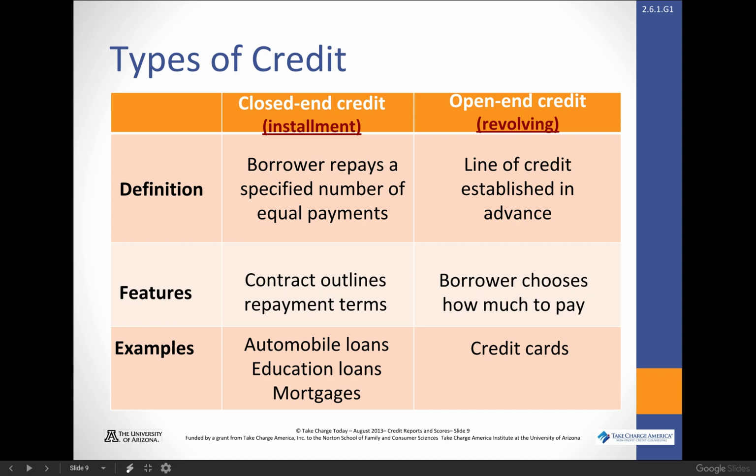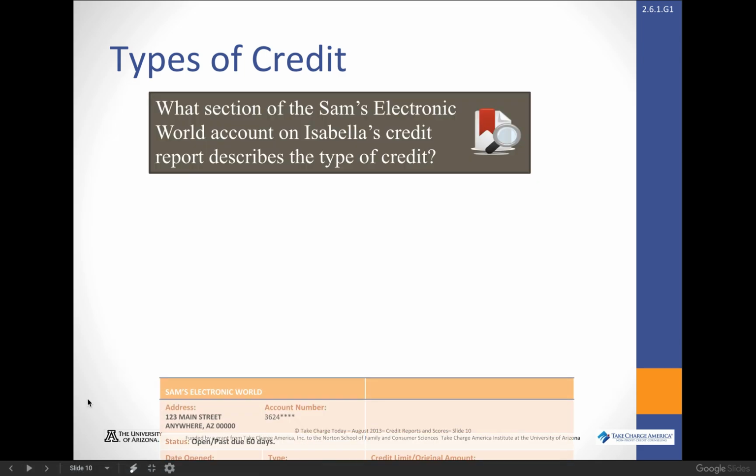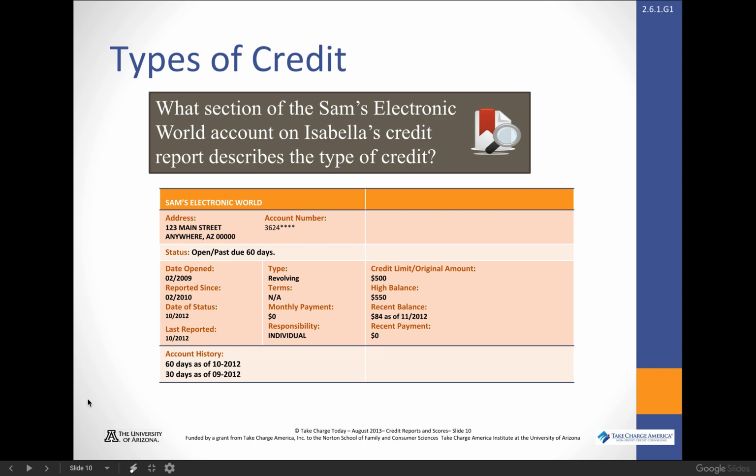We again know the difference between closed-end and open-end credit, or installment and revolving. So this is just kind of a new way to describe these. They're the same definitions, just in different words, with some new examples. And again, if we were looking at a credit report, this would just be one type of credit that I have.